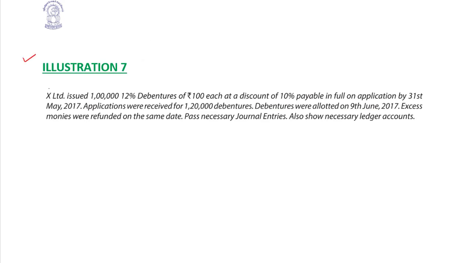Illustration 7. X Limited issued 1,00,000 12% debentures of 100 each at a discount of 10% payable in full on application by 31st May 2017.